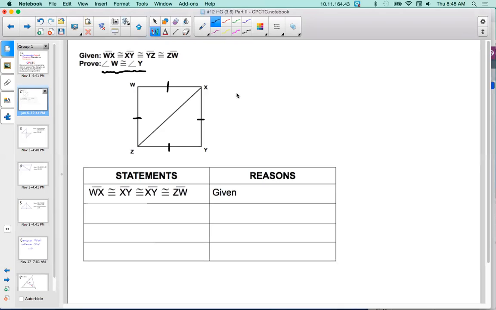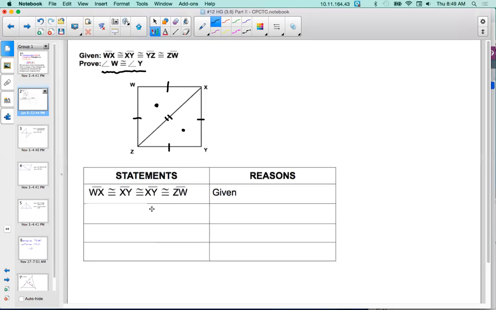So let's see what we can figure out. I do see that we've got a shared side between these 2 triangles. So if I can somehow prove that this triangle is congruent to this triangle, then I should be able to show how angle W is congruent to angle Y, because then they'd be paired up congruent parts.